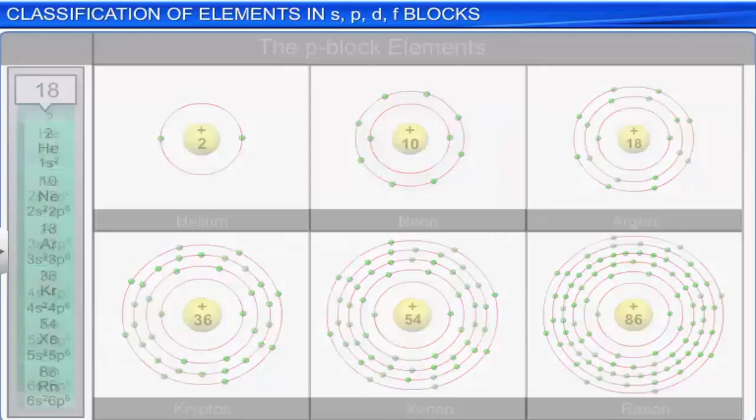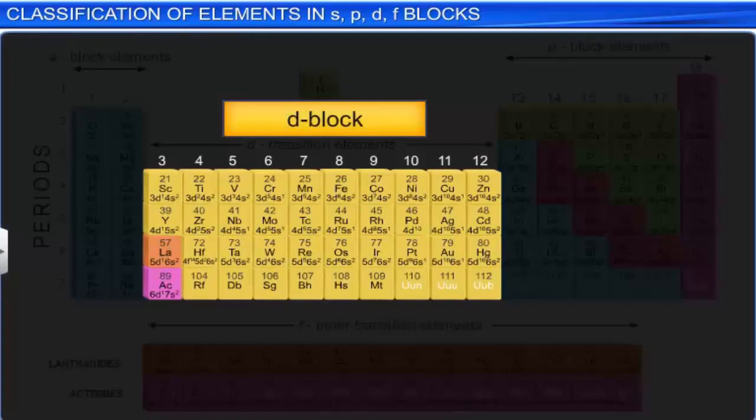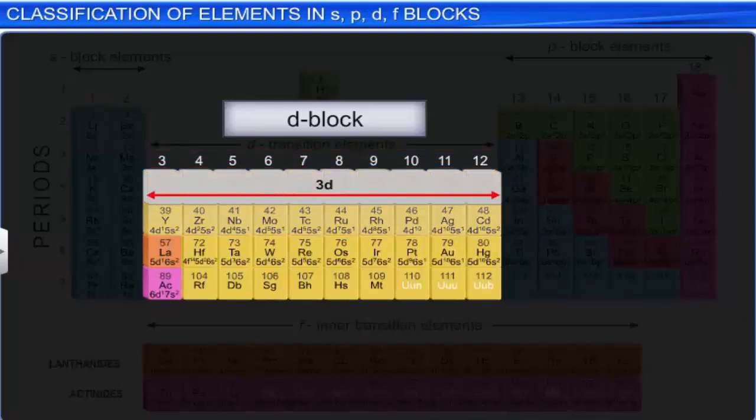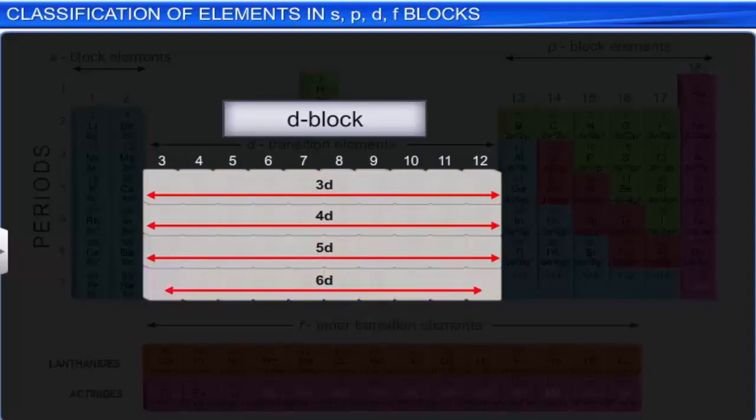The elements belonging to group 3 to 12 in the center of the periodic table are called the d-block elements. As the differentiating electron or the last electron enters into the penultimate or second outermost shell, that is, the (n-1)d orbital, they are referred as d-block elements.